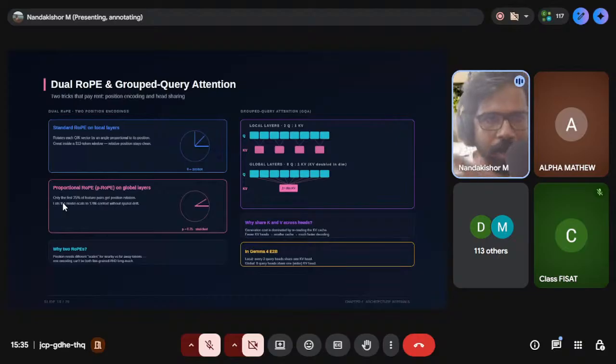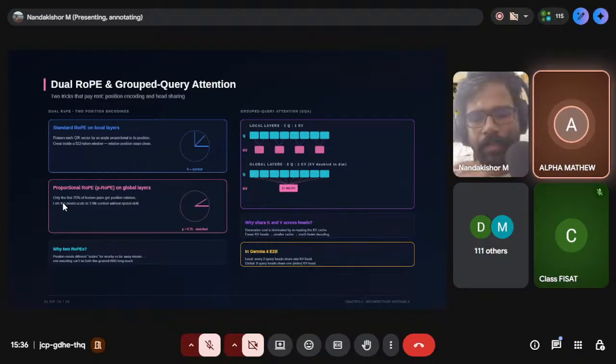For the local position, you can use the same method, but for larger scale purposes, only the first 25% of the feature pairs get position rotation. This lets the model scale to 128K context without positional drift. So only those features get rotated, and the rest are kind of scaled or don't get the rotation at all.